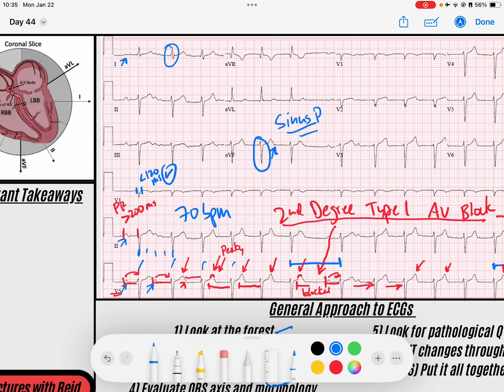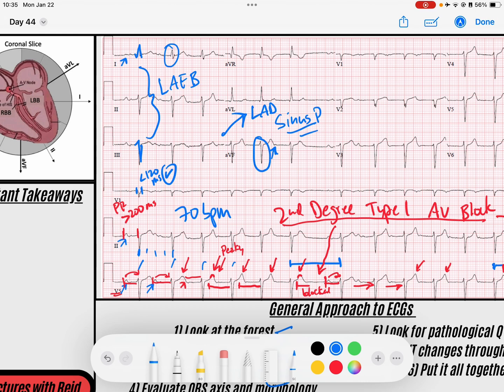So that means we have up and to the left, we've got left axis deviation. As for causes of left axis deviation, we see that we've got this little r, deep S, and this little q, big R in our lead 1 and lead 3. Together this is criteria for a left anterior fascicular block.